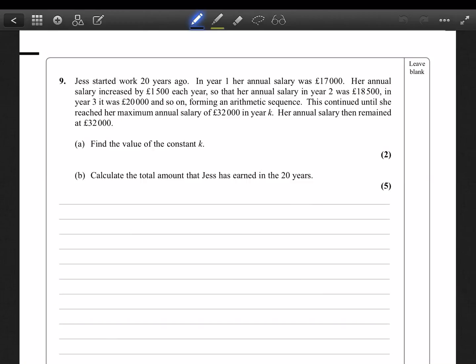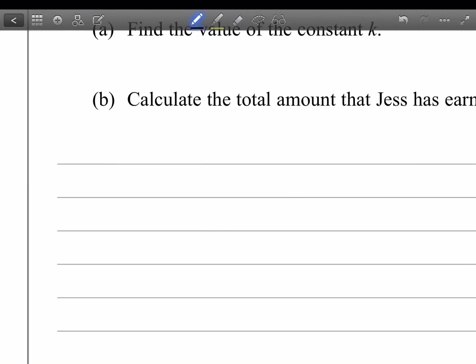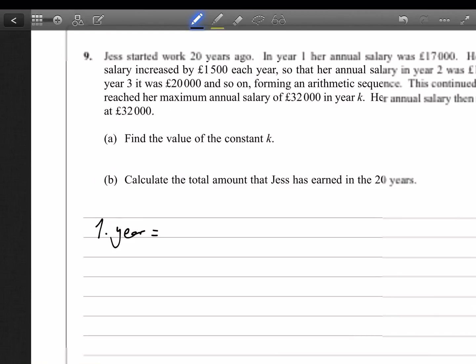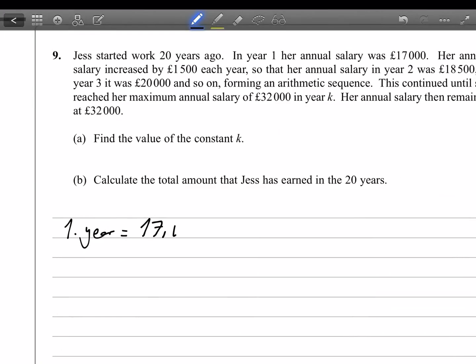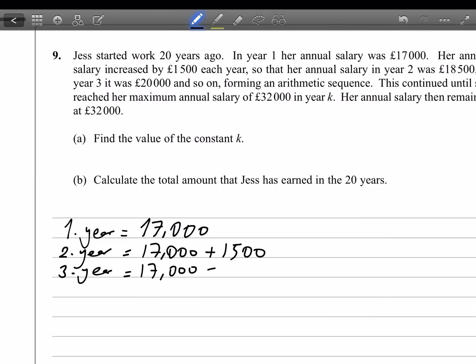Let's say first year, what we have? First year we have 17,000, and the second year we have 17,000 plus 1,500, and the third year we have this one plus 1,500, and in year 3 we have 20,000 pounds.